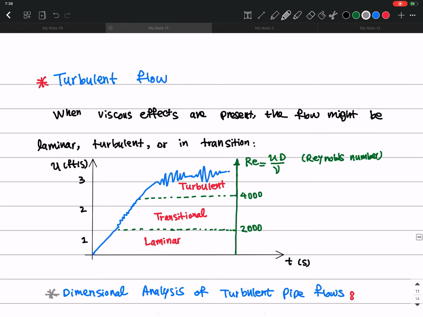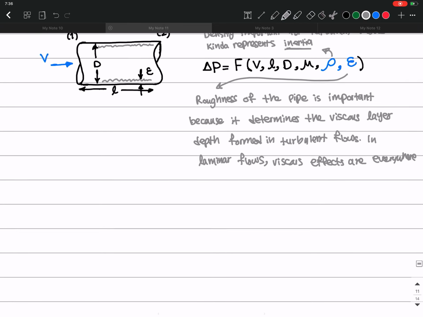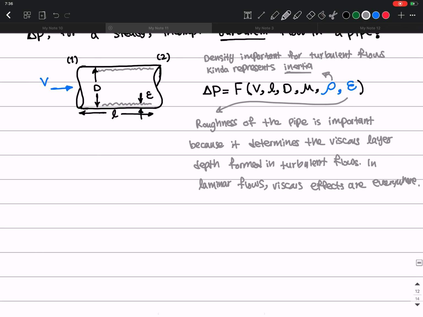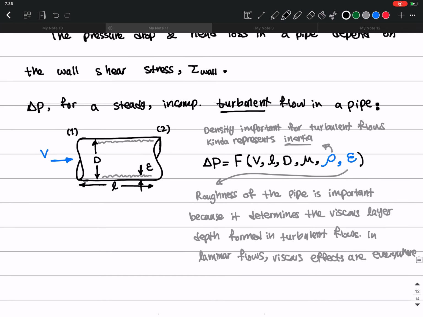Okay, what does this mean? Let me explain it a little bit more. Say I have just a pipe and I look at it from the bottom part of it, or you can imagine we have a sheet, anything like that, and then we have water or air or any fluid that goes over this.